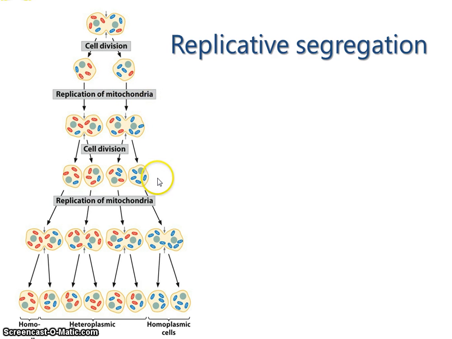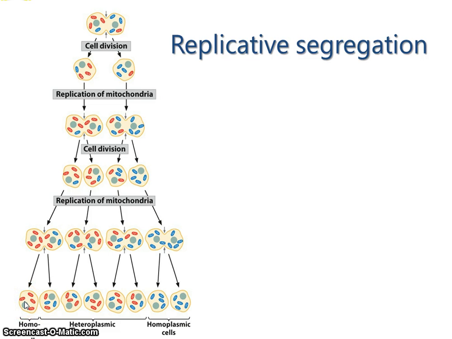Over time, over multiple cell divisions, and just through random sampling, really, of mitochondria among the daughter cells, sort of random segregation, you can end up, generations of cell divisions down the line, with these descendant cells that all have different proportions of the different mitochondrial types, and in some cases they've only got one mitochondrial type or the other.